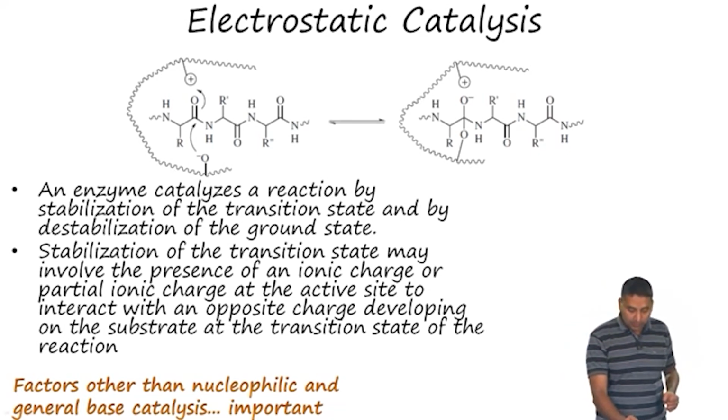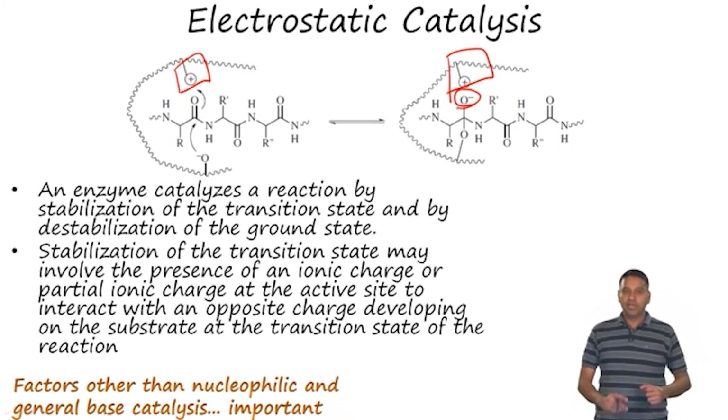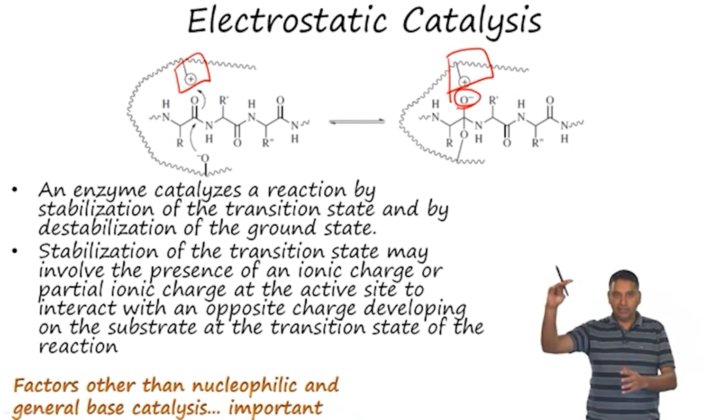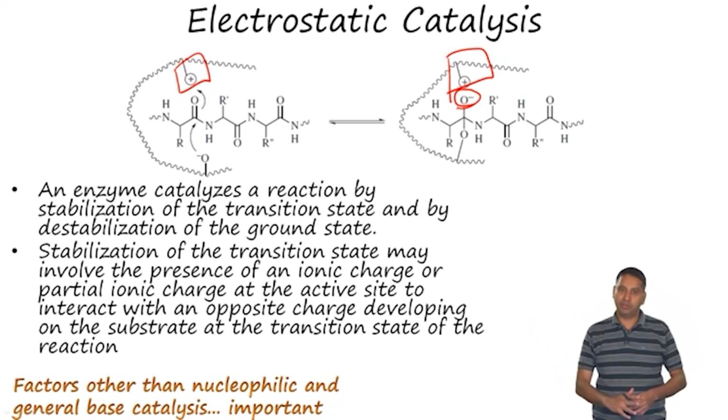So, for example, when you have a negative charge that is being produced here, the incipient negative charge can be stabilized by a residue that is positively charged. Fundamentally, this form of catalysis involves electrostatics and stabilization of the transition state by an oppositely charged species.